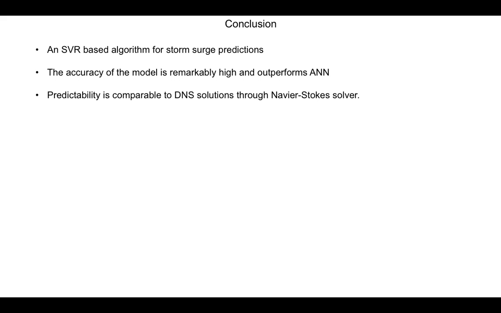In fact, the paper goes on to compare the solutions with traditional numerical DNS solvers for Navier-Stokes, and they show that all the predictions are not as accurate as that of a DNS solver, but are quite good in comparison to deterministic algorithms, and hence is a good choice for a machine learning algorithm to predict storm surge problems.